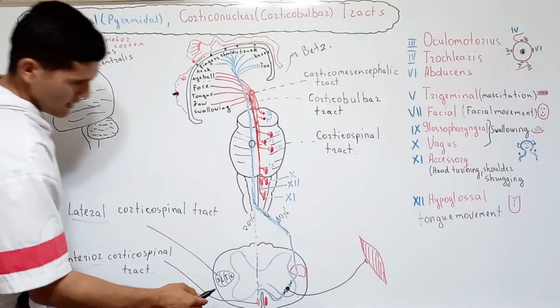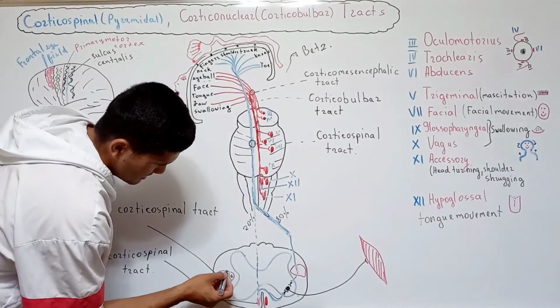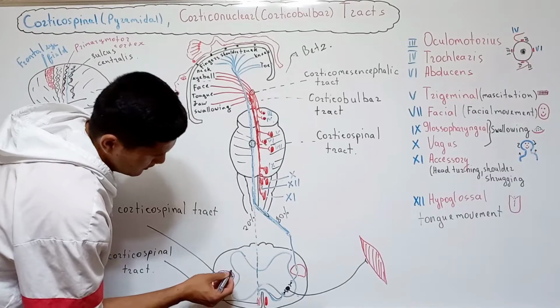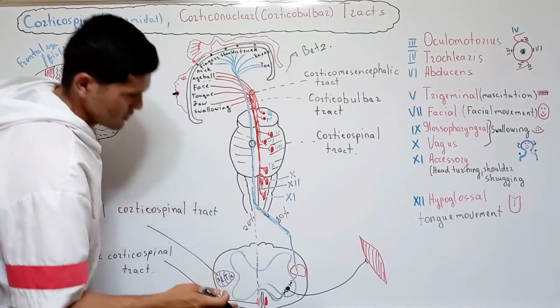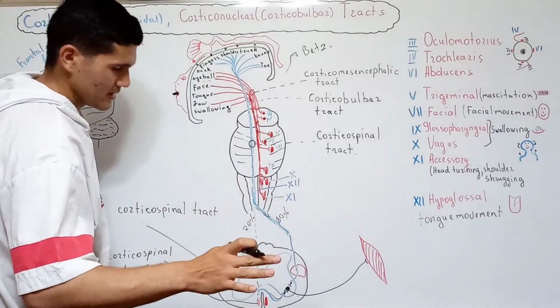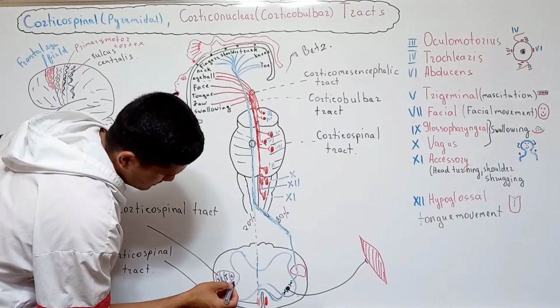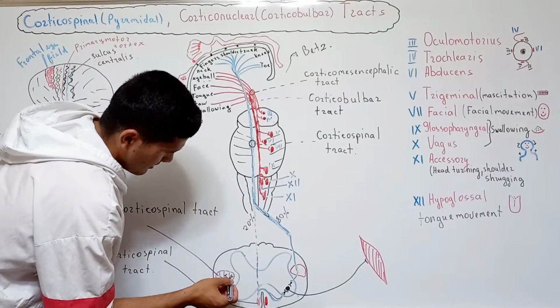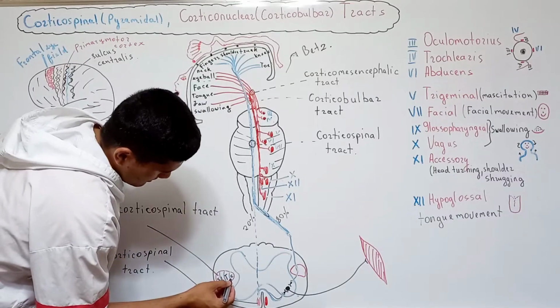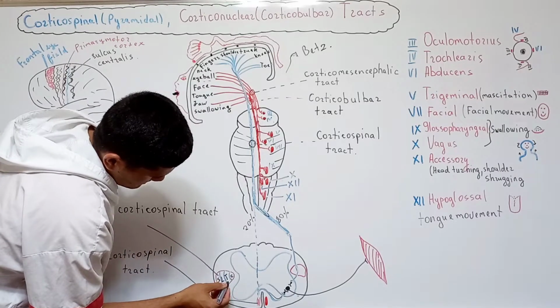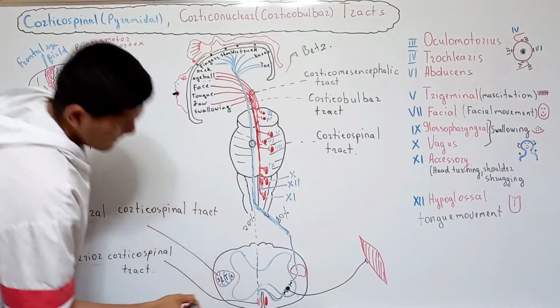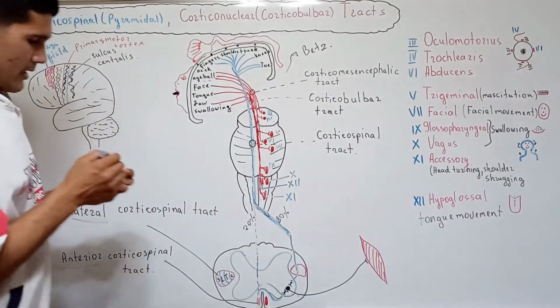That's the main point. The architecture and the location of the fibers that are responsible for the movement of the body parts are arranged in this direction. Look at that. That's the cervical part, thoracic part, lumbar part, and sacral part.